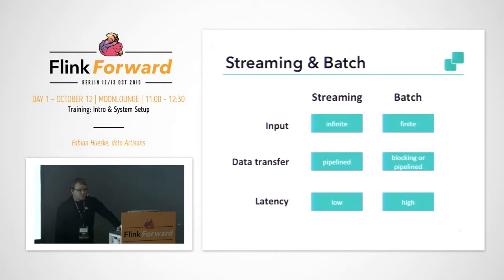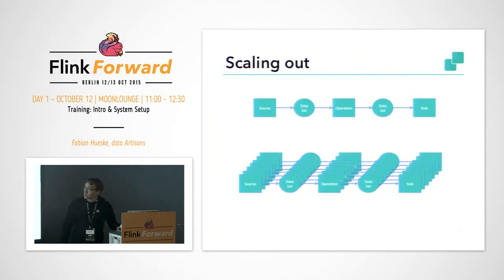Flink is a parallel system, which means that it needs to be able to scale out. So if you write your program in the upper way, Flink's API will allow you to scale out this program, so it can be executed in many threads, and very often you can use arbitrary scale out from one node to 10, 100, 1,000 nodes.